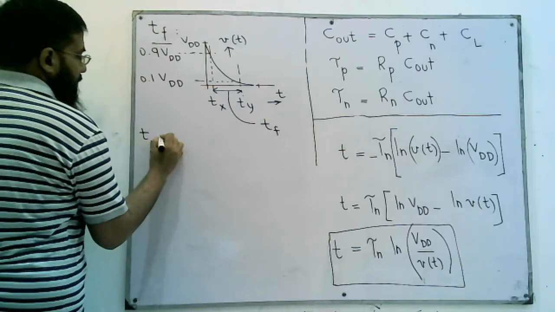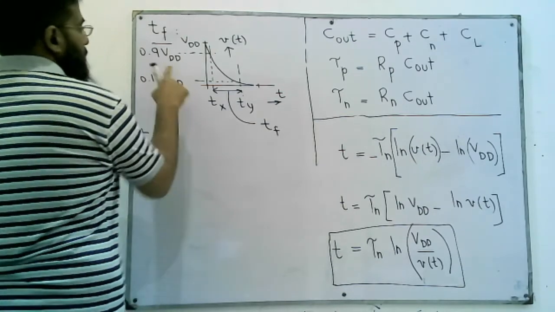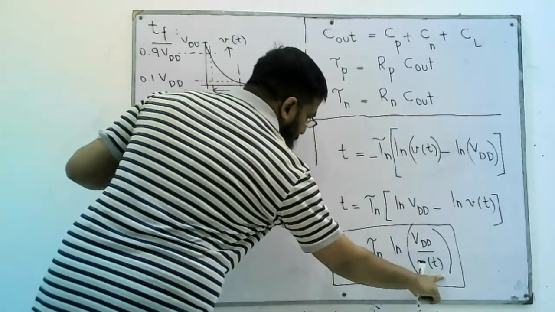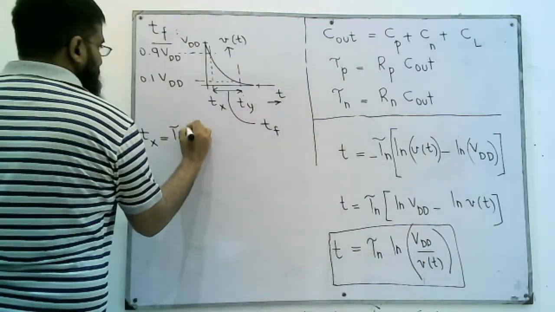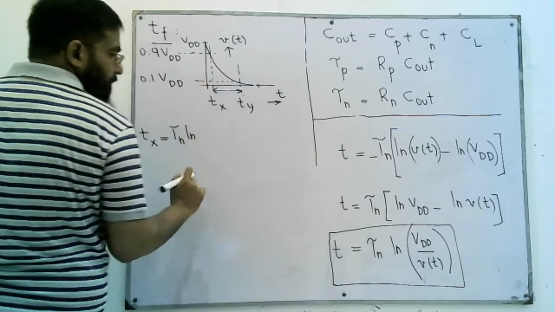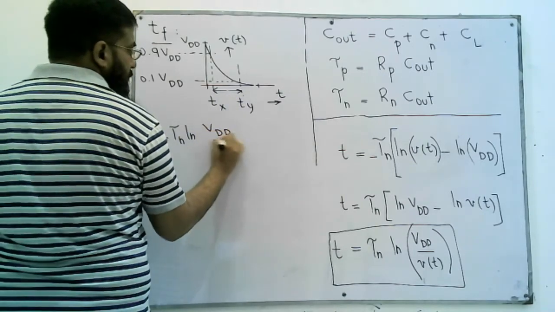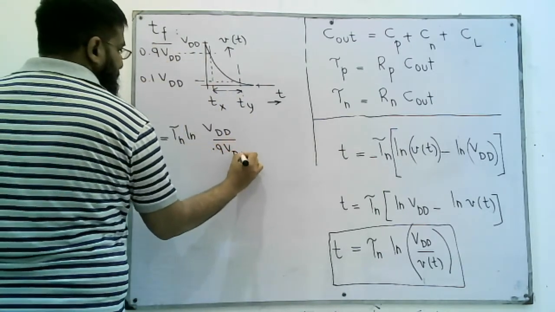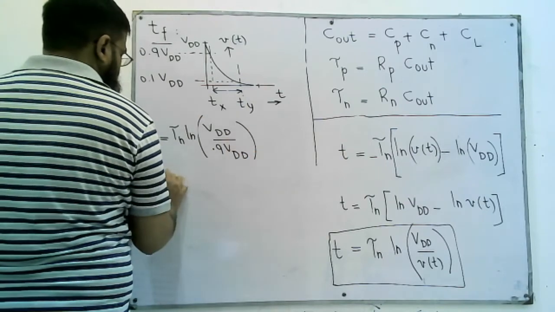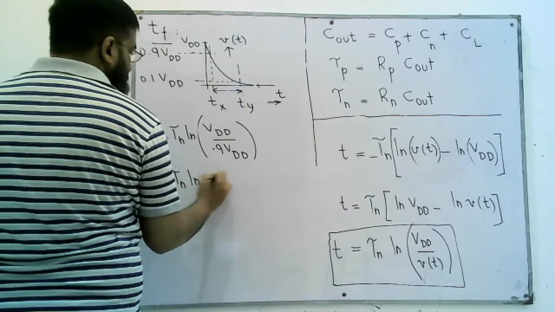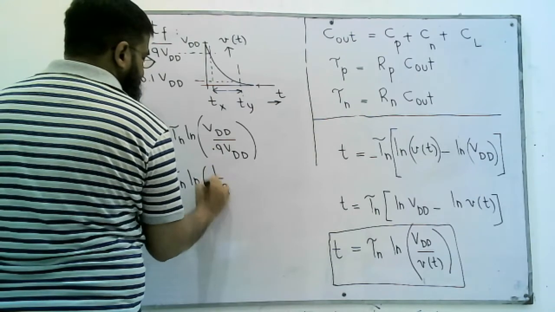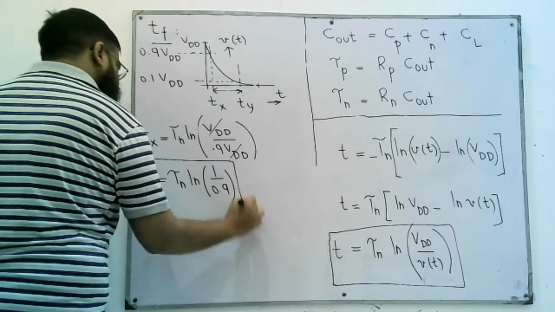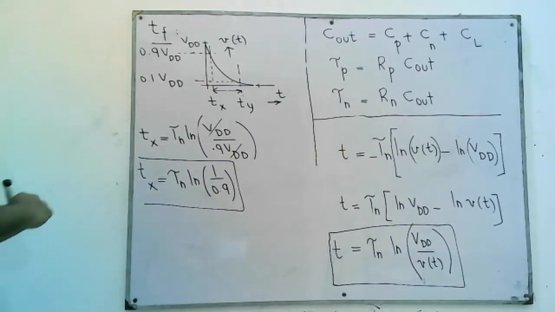So we can write Tx, since the time when v of t is 0.9 VDD, so let's put 0.9 VDD here. So tau n log of VDD over v of t. V of t is 0.9 VDD at this time. So this is tau n log of 1 over 0.9, since this VDD cancels with this VDD, and Tx comes out to be tau n log of 1 over 0.9.